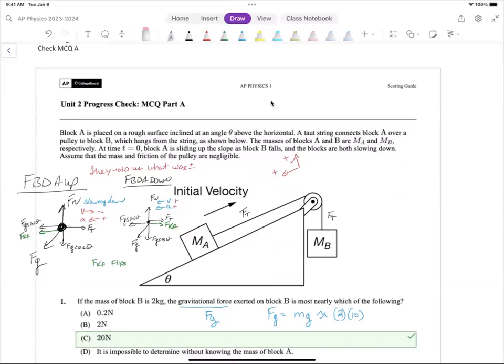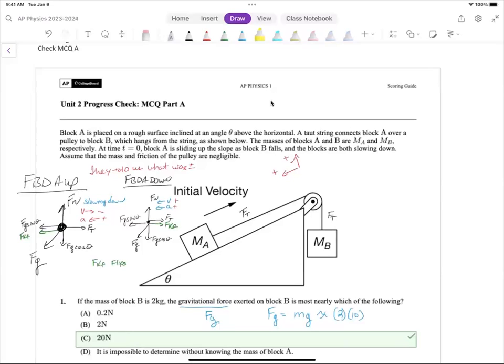All right, this picture here is going to apply to two questions. We have a block MA and a block MB. They tell us that the string is taut, which means there's a force of tension in it. If it wasn't taut, there would not be a force of tension.